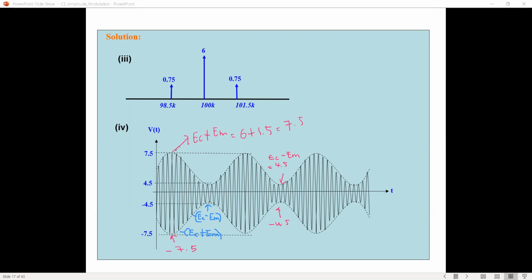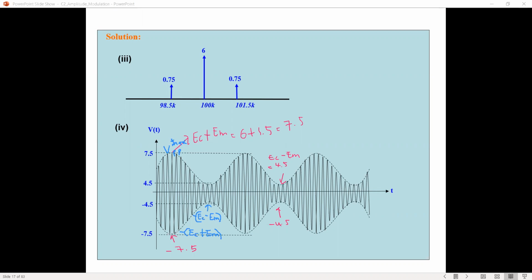If you notice here, up here is EC plus EM, Vmax peak to peak. So this is your Vmax peak to peak. Up here is Vmax positive, which is EC plus EM.